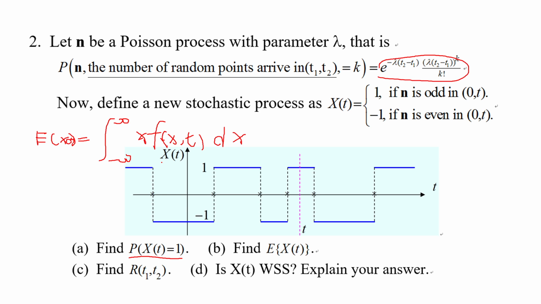And we've already calculated the P(X(t) equals 1). This is part of the probability mass function. And for the other part, when X(t) equals -1, we just need to use 1 minus the probability that X(t) equals 1, so we can get that.